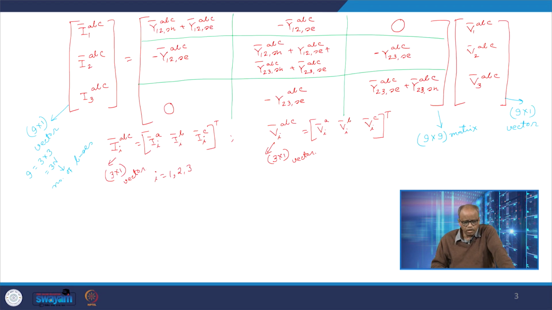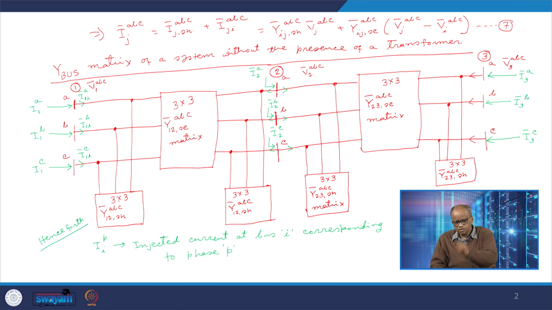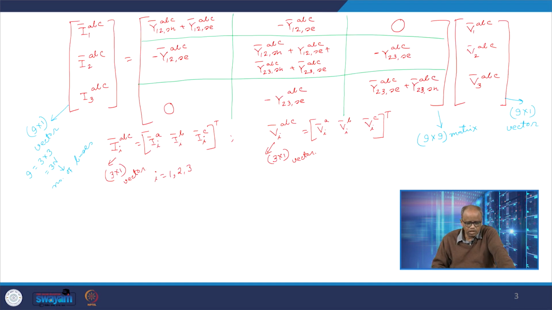What about the off diagonal 3 cross 3 block matrices? Of course, those blocks are 0 whenever there is no direct connection between any two buses. For example, in this example, between bus 1 and bus 3 there is no direct connection. As a result, the entry 1 3 and the entry 3 1 are all null matrices.